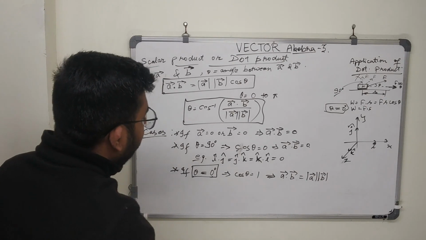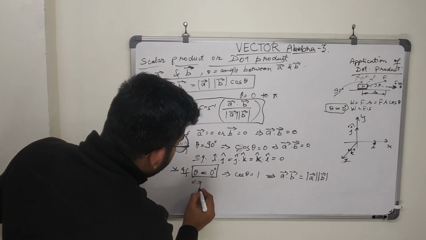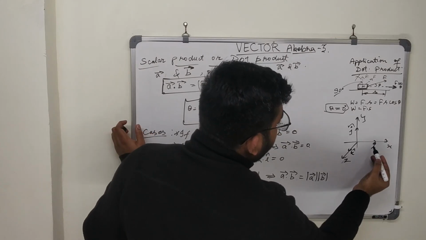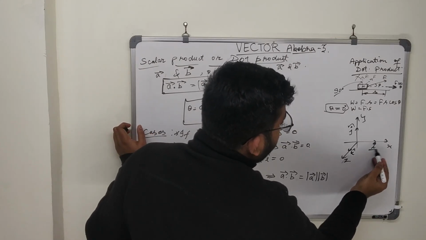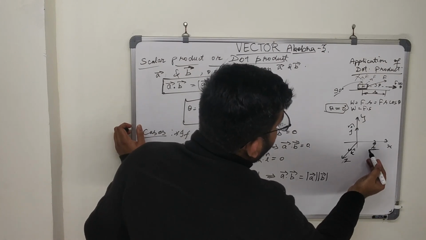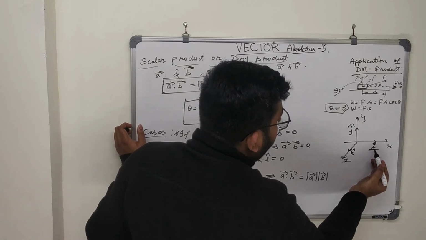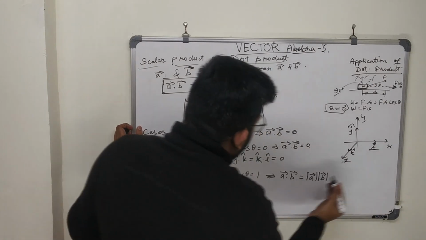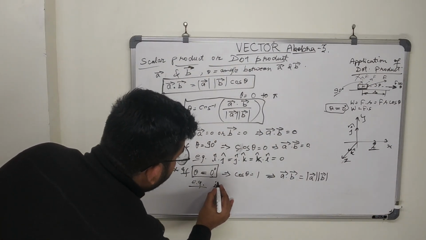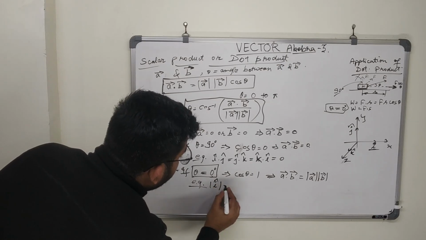इसका एक और example है. For example यहाँ हमने समझा था these are the XYZ coordinates. If we try to find the dot product of I cap with I cap itself, it will be equal to 1 because the magnitude of I cap is equal to 1.